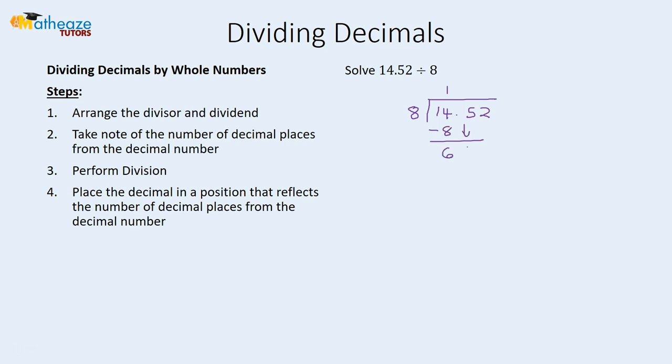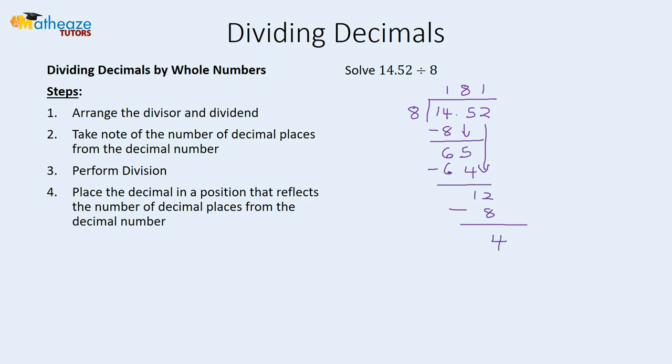Bring down the 5. 65 divided by 8, we have 8. 8 times 8, 64. So we have 1, subtract here, and then we bring down a 2. 12 divided by 8, we should have a 1 here. 1 times 8 is 8, so we subtract, we have a 4.